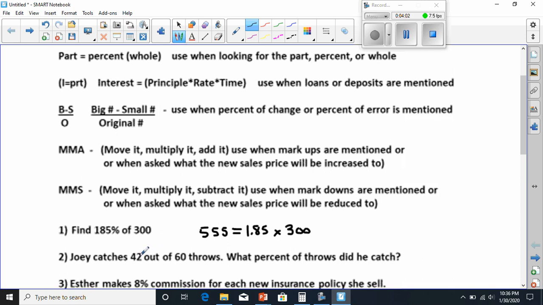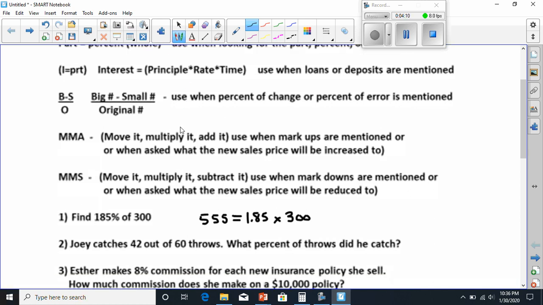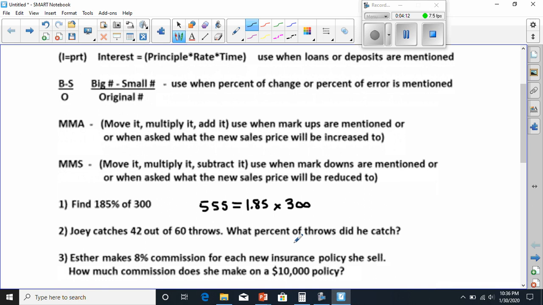We've got the part of the whole right here. And when we do that, we can see that we're going to be looking for the part and the whole, part equals percent times whole formula. So the whole is going to be 60 throws. We're looking for the percent, so we'll leave that as P. And then that's going to equal 42.